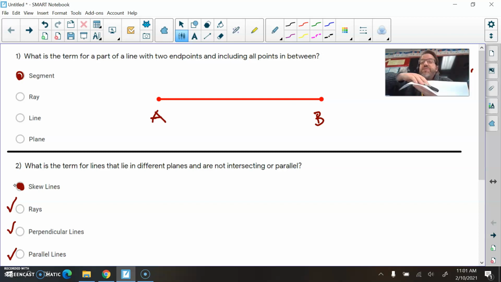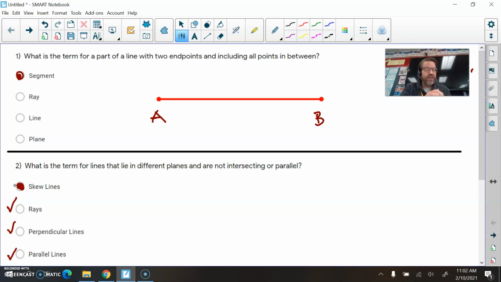I'll try to tip it so you can see it. These are parallel to each other. They run right alongside each other. They're always the same distance apart. Now, perpendicular means they intersect, forming 90-degree angles. Okay, these now would be sitting perpendicular to each other. A ray is different because that just extends forever in one direction.